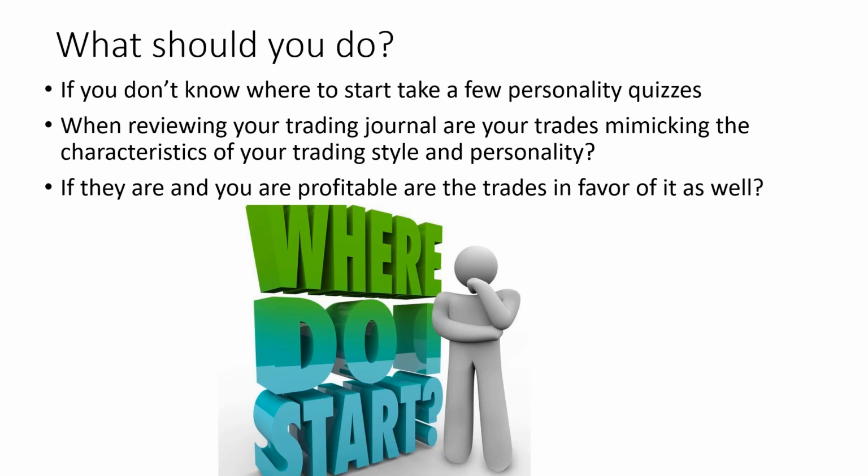Another thing you want to do is, when you're reviewing your trades in your trading journal, like I said earlier, look at whether the trades are mimicking the characteristics of your trading style and see if that's happening in your personality. If you're reviewing your trades, seeing that you got in at this point, got in at that point, you followed all your rules, all this other good stuff, ask yourself, is this trade that I took a bullish trade? Is this a bearish trade?